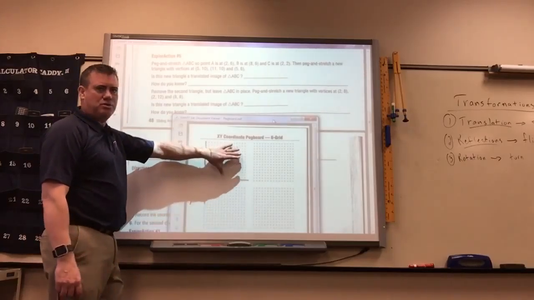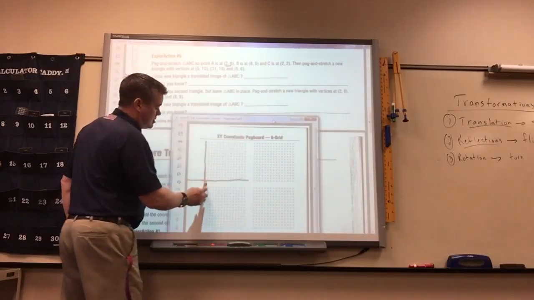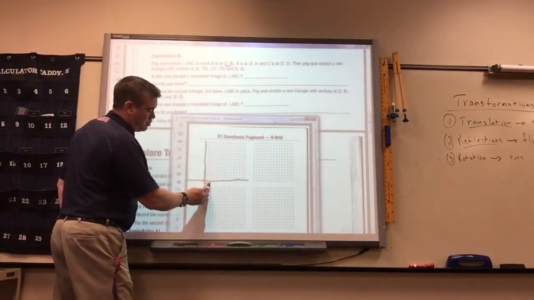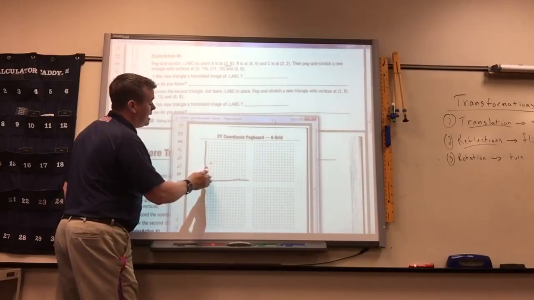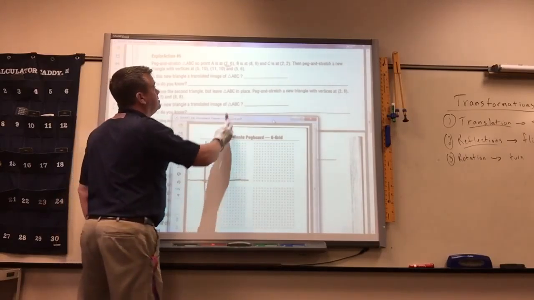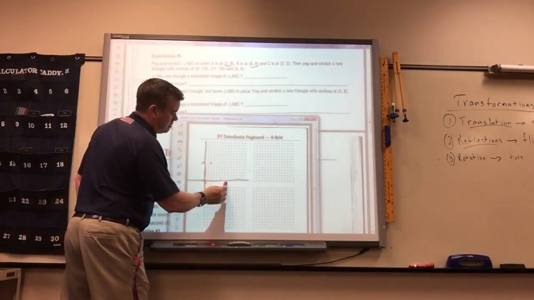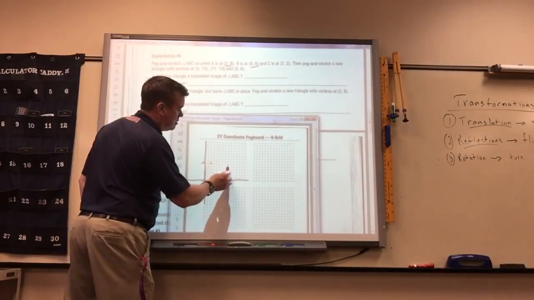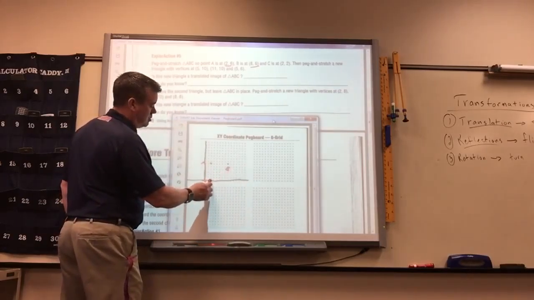So that's why we just do the top coordinate. So 2, 6 is start here at 0, over 2, up 6. And there's A. B is 8, 6. And C is at 2, 2.